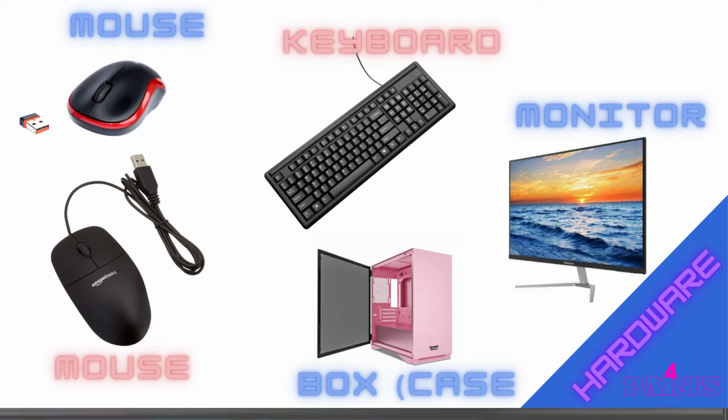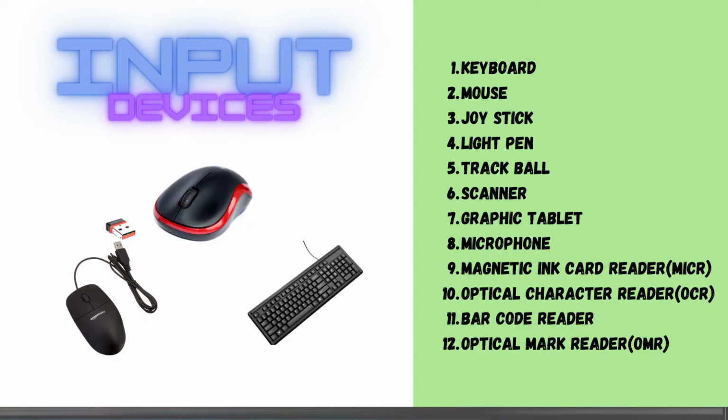To call something an input device, it should be in the shape of a keyboard, touch screen, stylus, or your voice. Basically, anything you can use to communicate is an input device.